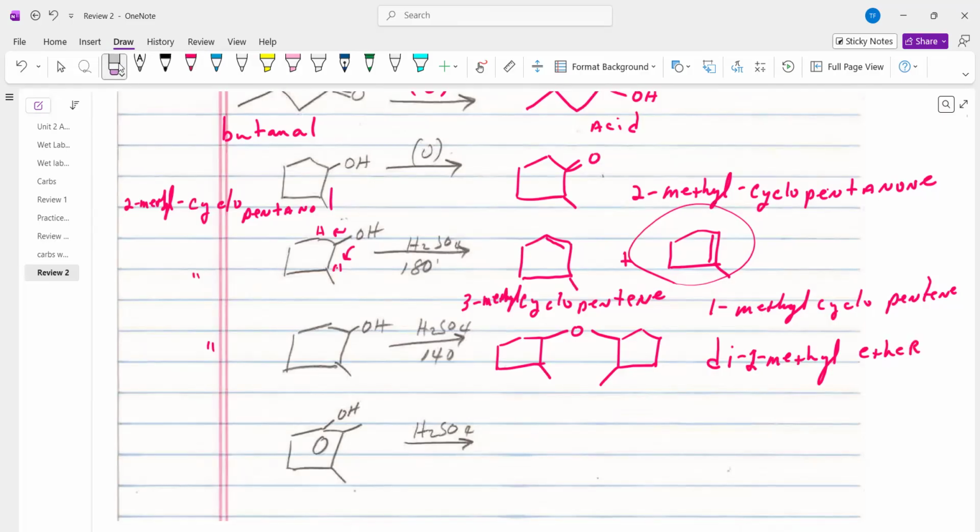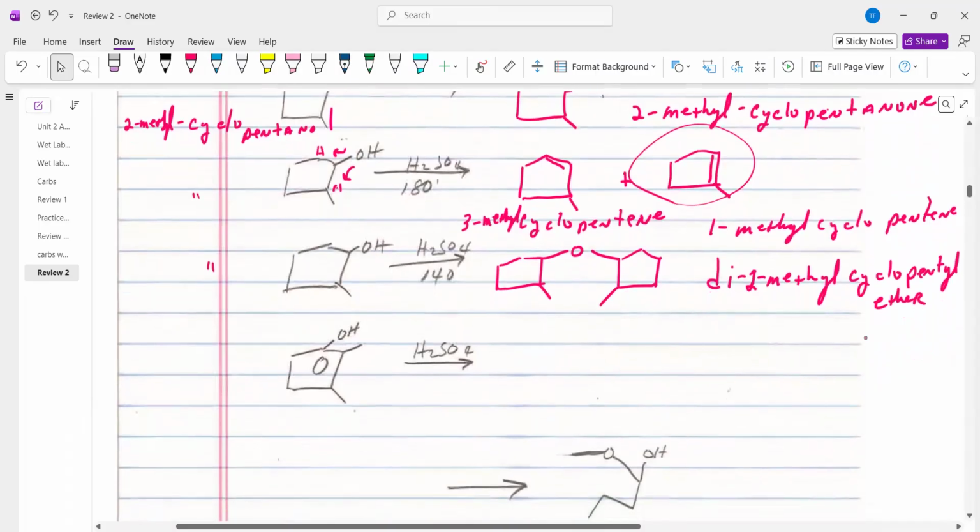Okay, here we have phenol in an acidic environment, so nothing happens.